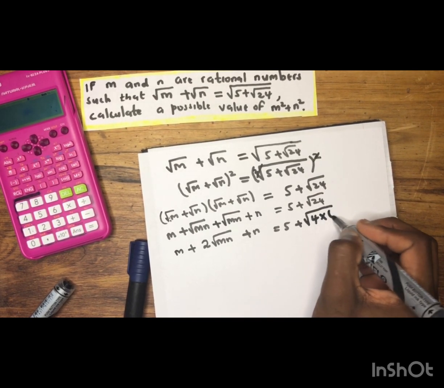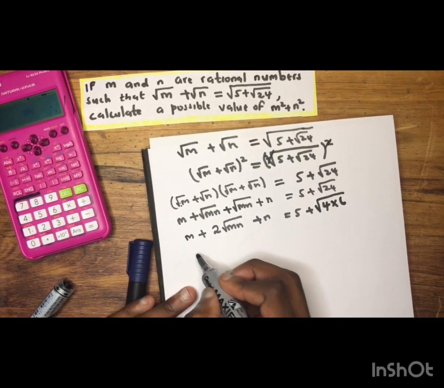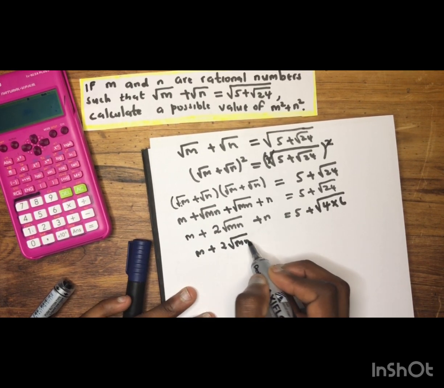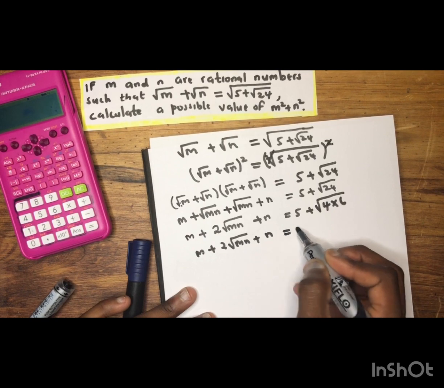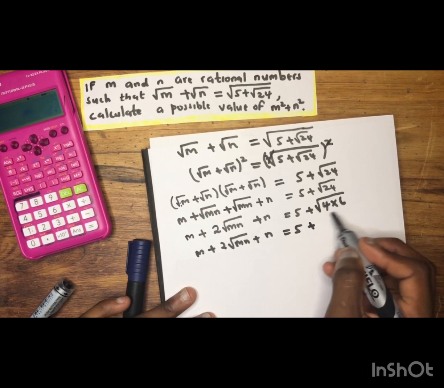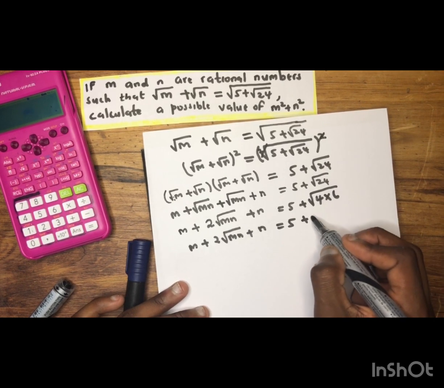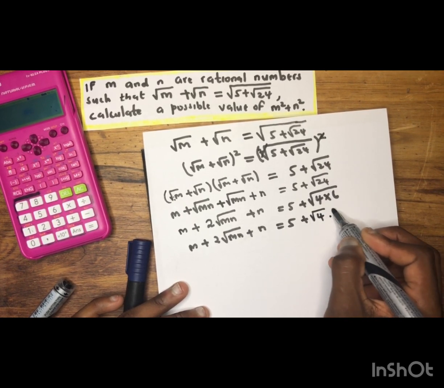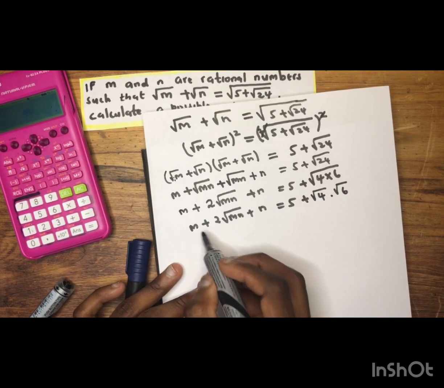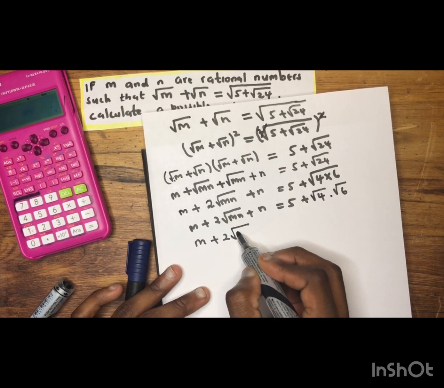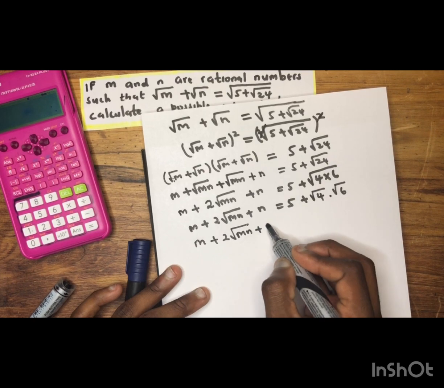This is 4 times 6. So you drop this one again, m plus 2 root mn plus n. So this is 5 plus, then you split this one using law number 1, laws of surds, which is root 4 times root 6. So then we drop again m, then we have 2 root mn plus n.